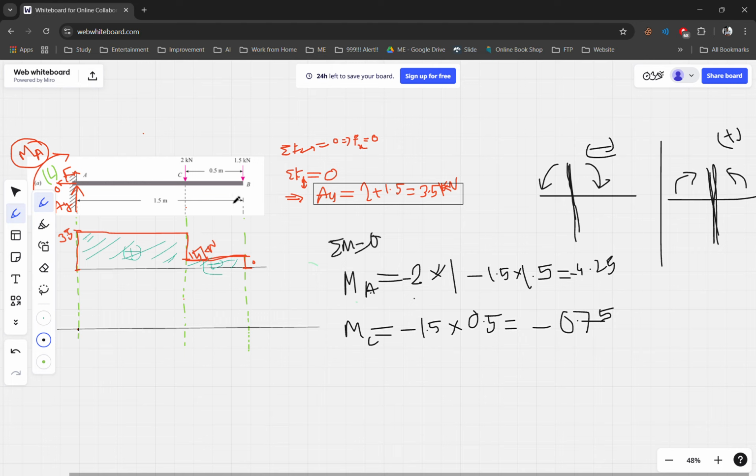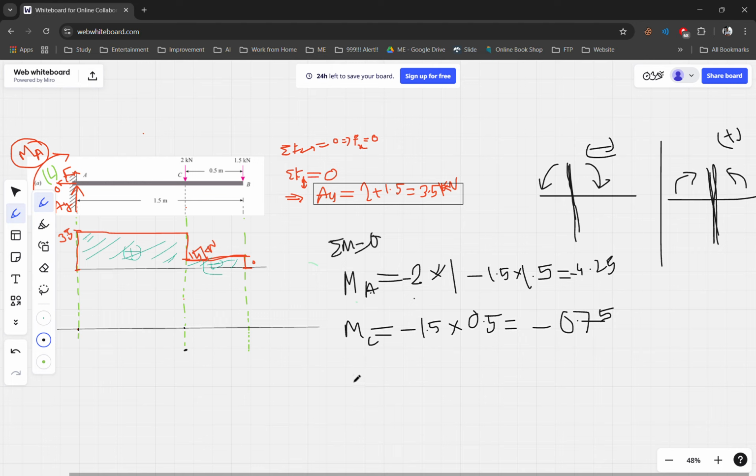Here we have to look at one thing: the force is going downward, right? So as the force is going downward, we'll have to go 0.75 from this point to this. Okay, we're gonna do it later.